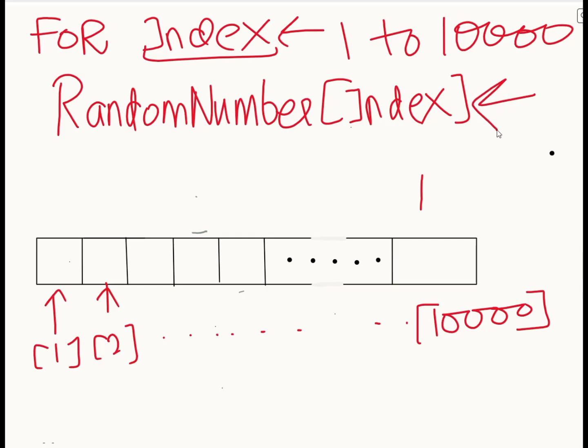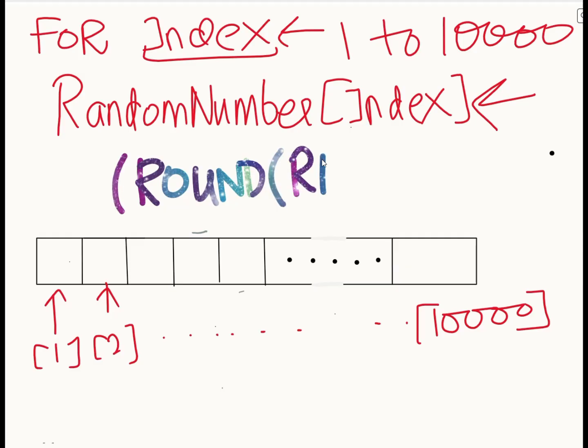How do we generate a random number? So the trick is that you have to memorize the syntax for generating a random number in pseudocode. First you have to write round. Then you have to write the keyword random with two brackets, opening and closing.